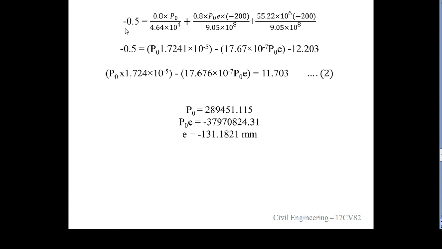Then we substitute the respective values, that is minus 0.5 is given in your problem, equal to 0.8 into P naught by 4.64 into 10 raised to 4 plus 0.8 into P naught E into minus 200, that is eccentricity, that is Y2 is the minus 200 by I value 9.05 into 10 raised to 8 plus 55.22 into 10 raised to 6, this is MT total load, minus 200 is the Y2 value, this is I value 9.05 into 10 raised to 8.